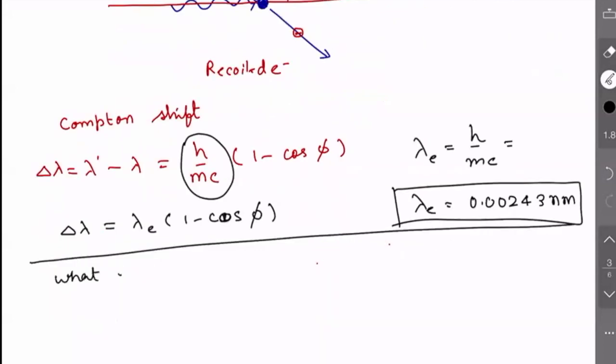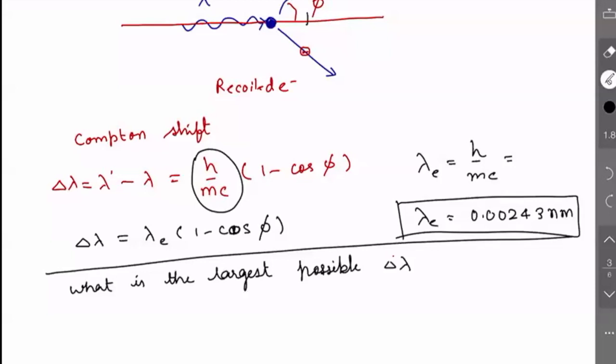What is the largest possible delta lambda according to this equation? When phi is 180 degrees.